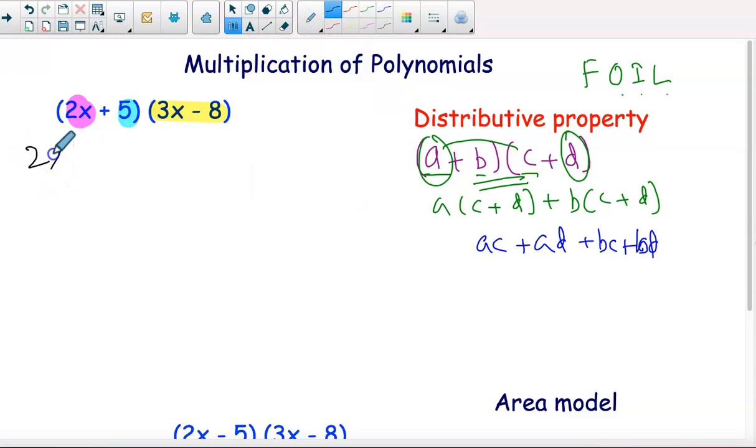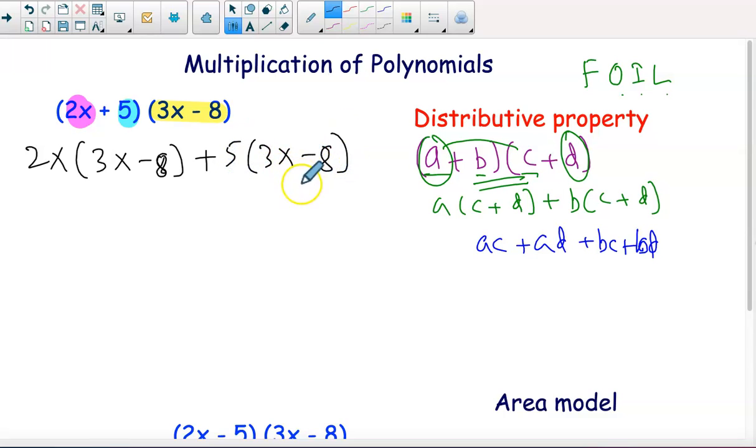I'll take 2x multiplied with 3x minus 8, then plus 5 multiplied again with 3x minus 8. I have two expressions now, 2x times 3x minus 8, and 5 times 3x minus 8, and I am applying the distributive property individually on those two. So how do you do that?